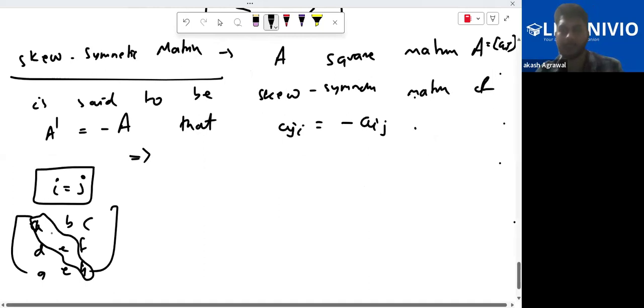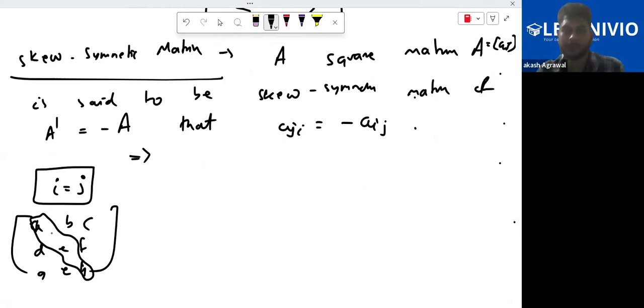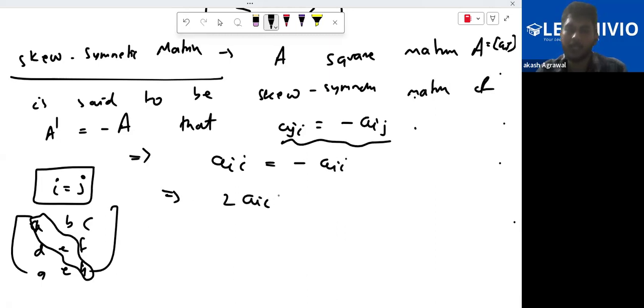Yes? Zena, Rishita. Yes, sir. Okay. So if i equals to j, then by this statement, we can say that aii equals to negative of aii, or we can say 2aii is equal to 0, or we can say aii must be equal to 0.